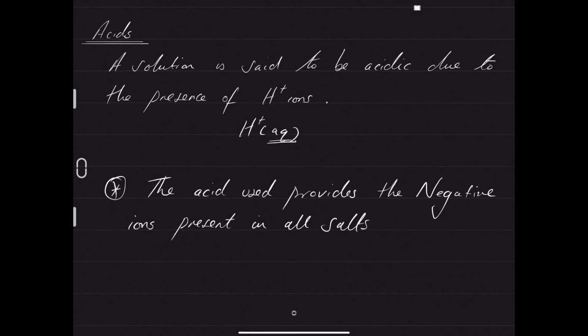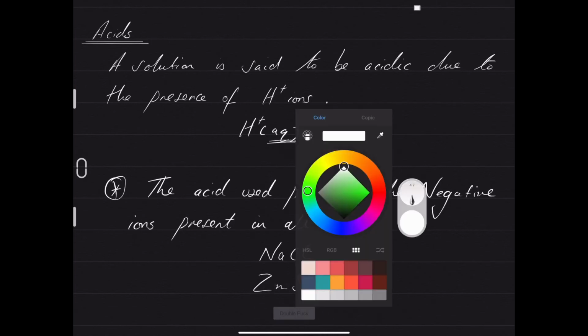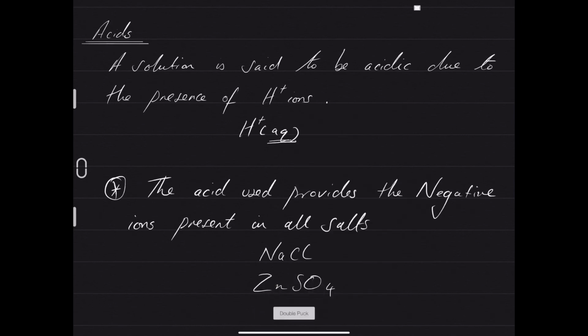For example, if you were to have, let's say, sodium chloride, NaCl, or let's say you were to have zinc sulfate. Now, these are the metals.